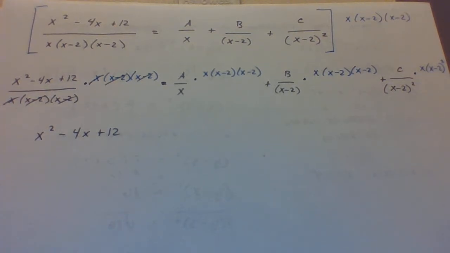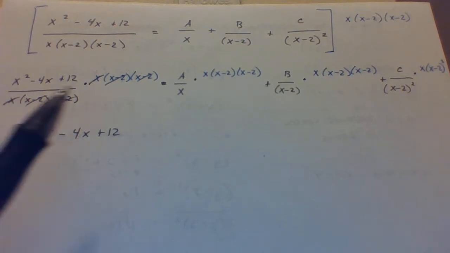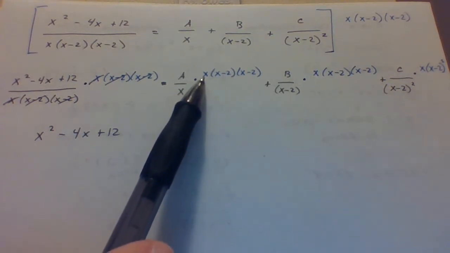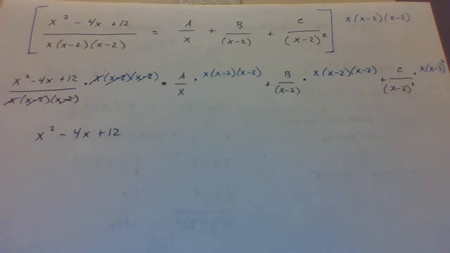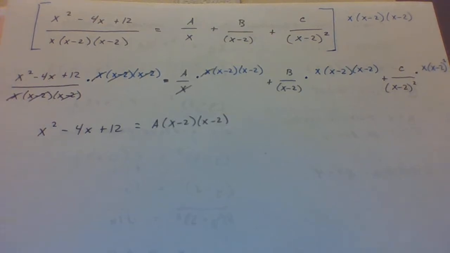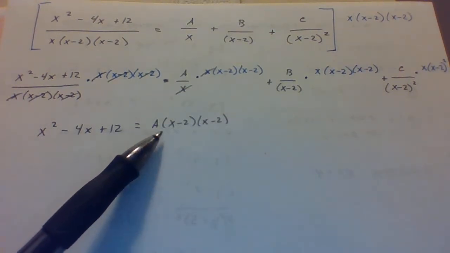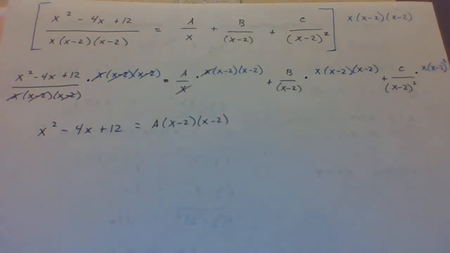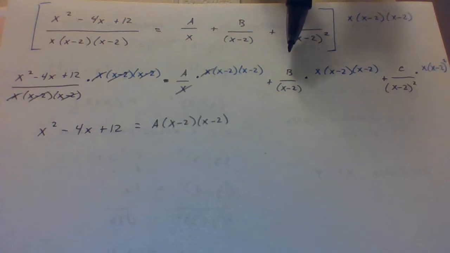Now when we start going to the right-hand side, let's take each step as we see it. In this first part, when I'm working with this fraction, this x in the denominator is going to cancel with that x. And for this piece, I'm going to be left with a times x minus 2 times x minus 2. Let's take a look at our middle portion here with the b's.